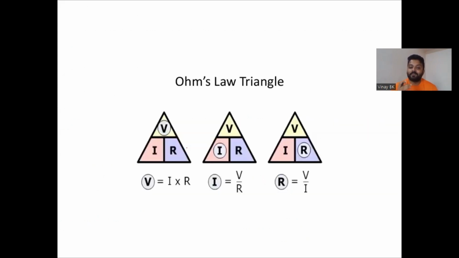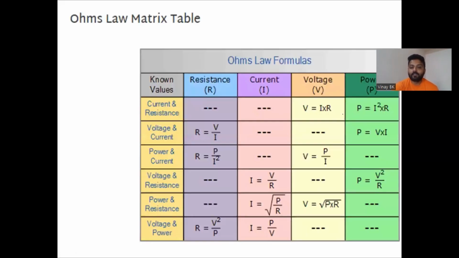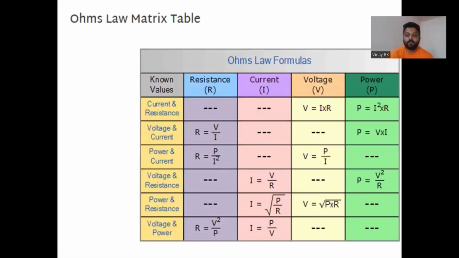To find V, you can observe here by considering Ohm's law, V equals I into R. Suppose you want to find I, you get V divided by R, and R you get as V divided by I. Easily you can remember the formula. Look at the relations between resistance, current and voltage for known values.